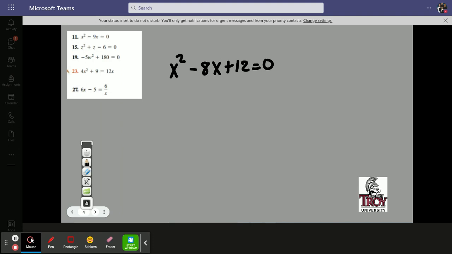What's my A on this one? 1. What's B? Negative 8. And C is negative 12. See if you can get that into that formula.